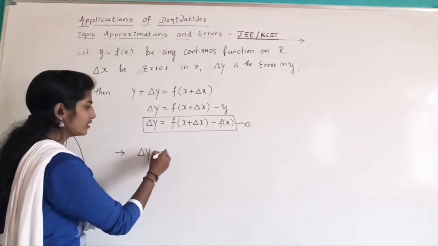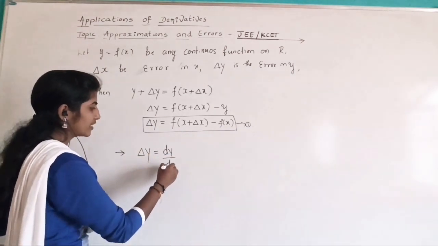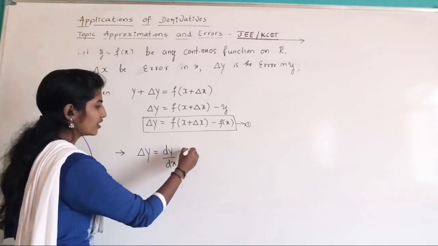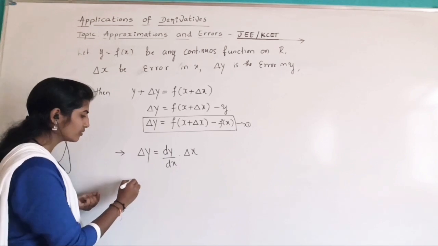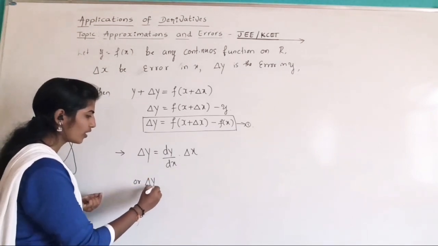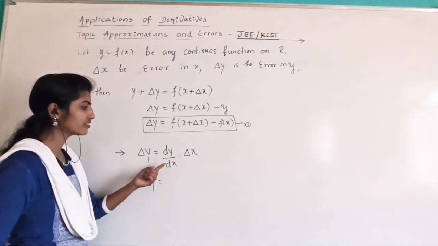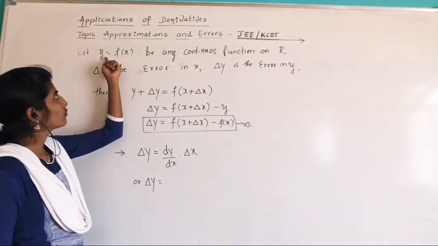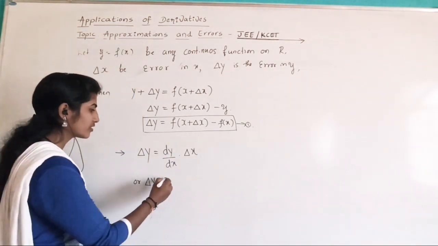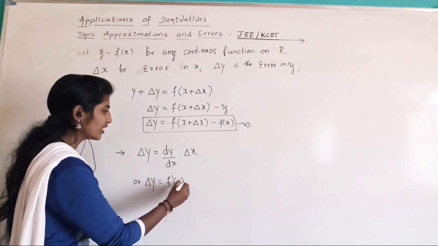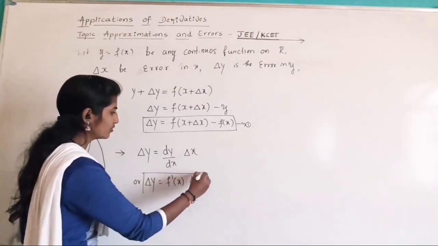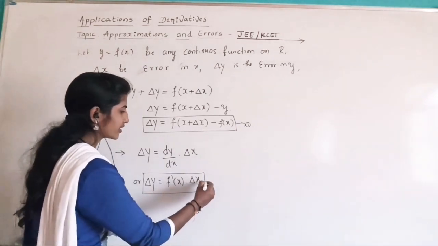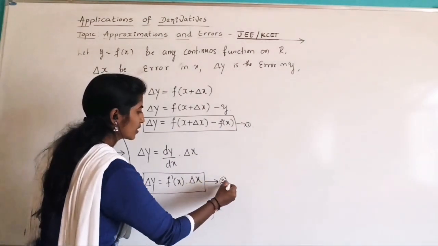That can be given by dy by dx into delta x, or simply delta y is equal to dy by dx, which is nothing but the derivative of y with respect to x, that is f dash of x into delta x. This is the second equation you need to remember.